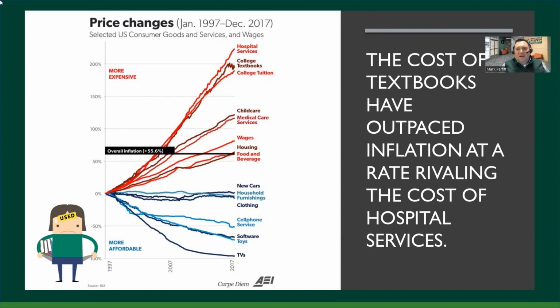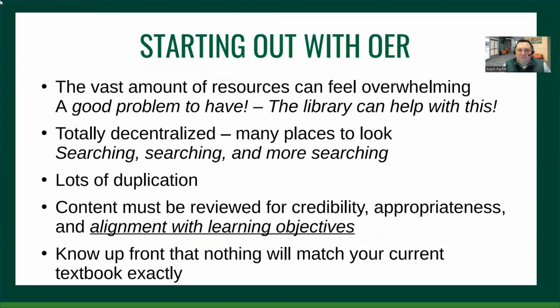That used textbook market is really shrinking because there's no such thing as a used digital book. You usually have a license to it that allows you access to it for a semester, and then that license expires, and it's not something you can resell. So that's one of the reasons the cost has gone up, because of some of these new models that are out there.